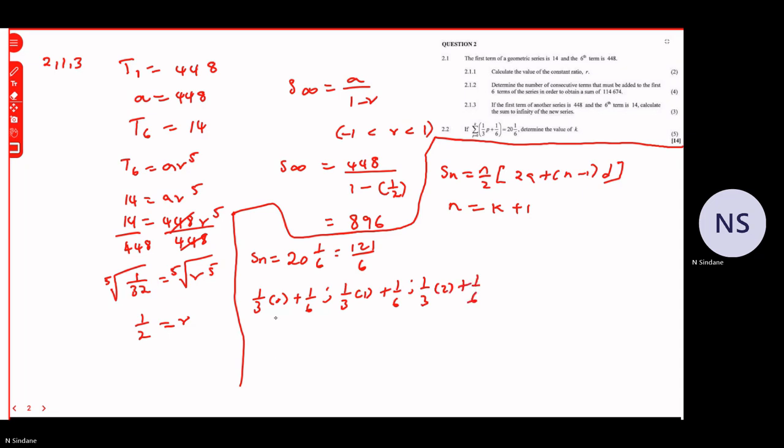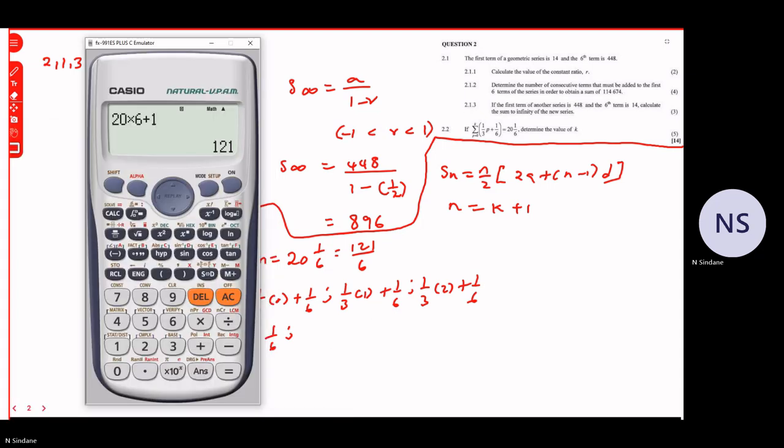So this will give me 1 over 6 is T1. 1 over 3 plus 1 over 6 should give me, let's see, 1 over 3 plus 1 over 6. I'm getting 1 over 2. Okay, this is 1 over 2.